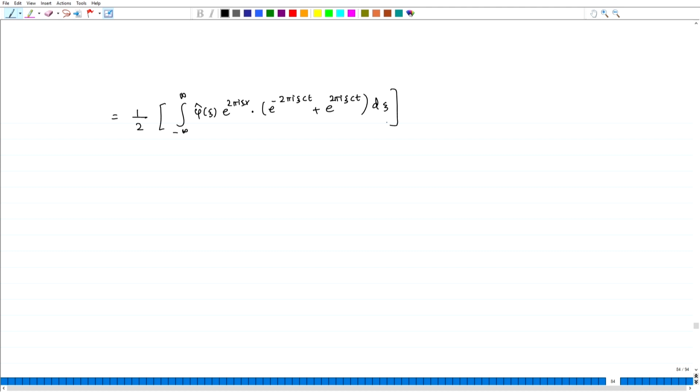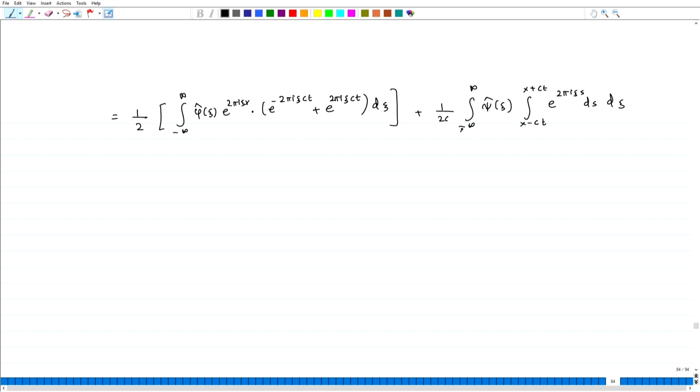This is the first one, and then the second one is 1/(2c) times the integral of psi hat(xi), and then the integral from x minus ct to x plus ct of e^(2 pi i xi s) ds, d xi.